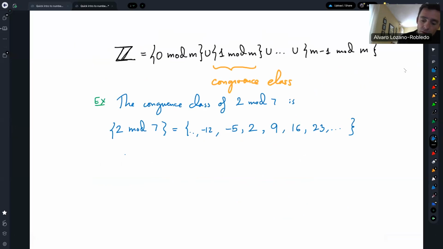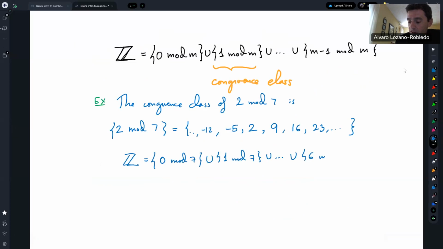And what happens is that the integers are partitioned modulo 7 into 0 modulo 7, the class of 1 modulo 7, up to the class of 6 modulo 7. So there are exactly 7 subsets that partition the integers, and every number is in exactly one of these classes.